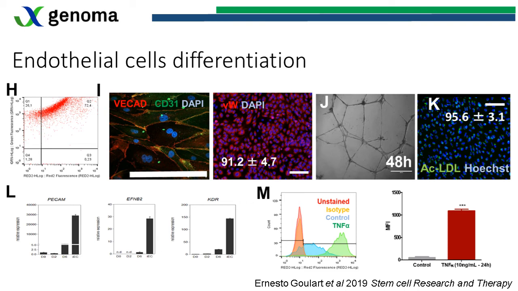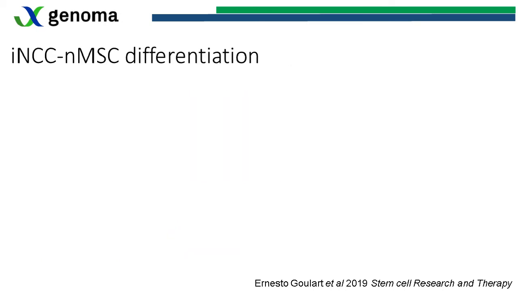And when we treated the cells with an inflammatory stimulus such as TNF-alpha, endothelial cells upregulated ICAM1, which recapitulates the neutrophilic activation of the blood vessel. So that shows that our cells are indeed responsive to inflammatory stimuli.